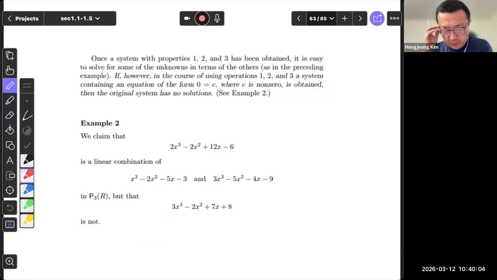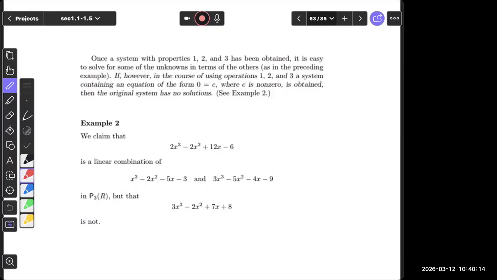Let us consider the following example too. Here we claim that this is a linear combination of these two polynomials.